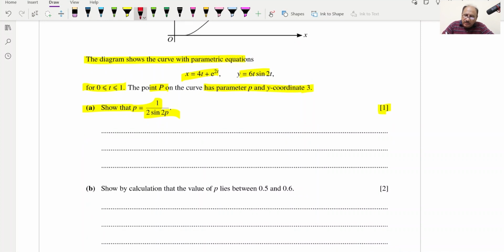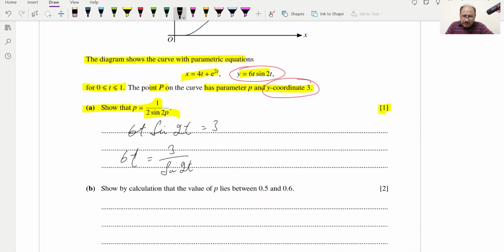So we know the y coordinate is 3, and y coordinate is 3 means y is equal to 3. So we can get from here 6t sine 2t is equal to 3. This implies 6t will be equal to 3 over sine 2t, and this implies t is equal to 3 over 6 sine 2t, and 3 ones are 3, 3 twos are 6, which is equal to 1 over 2 sine 2t.